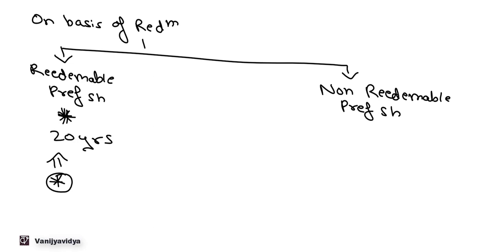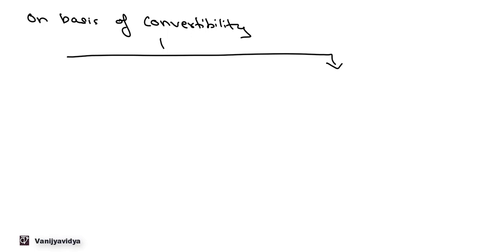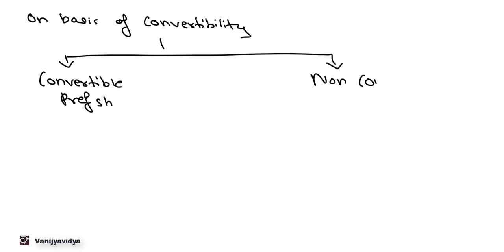Now the next one, on basis of convertibility. So there are two types. One is convertible preference shares and the other one is non-convertible preference shares.